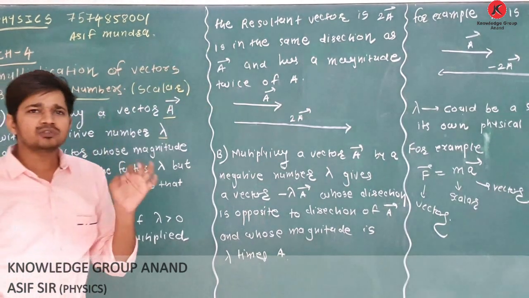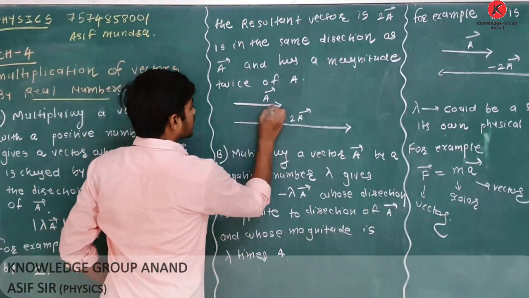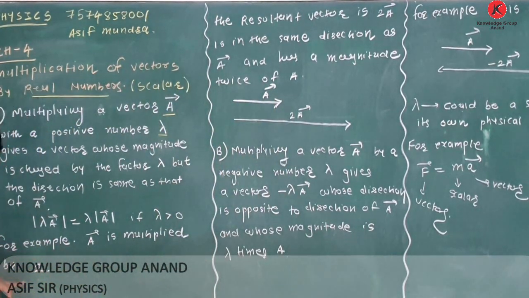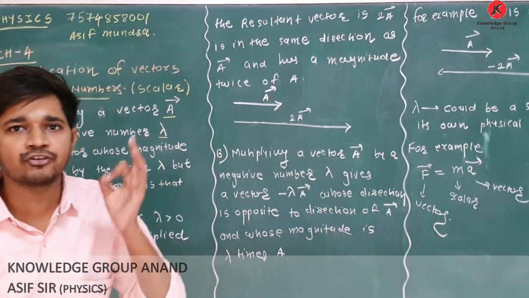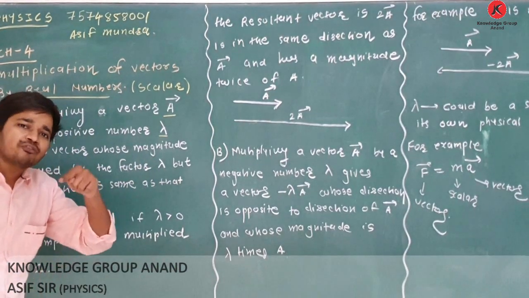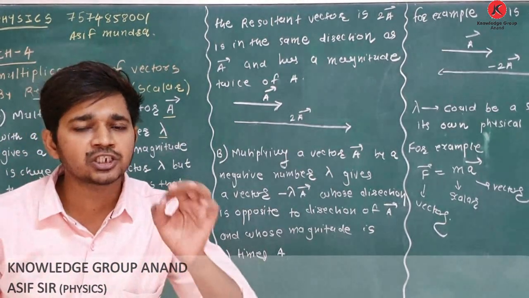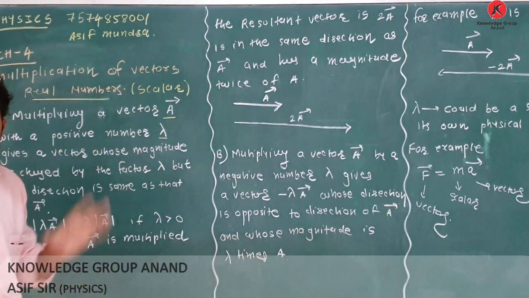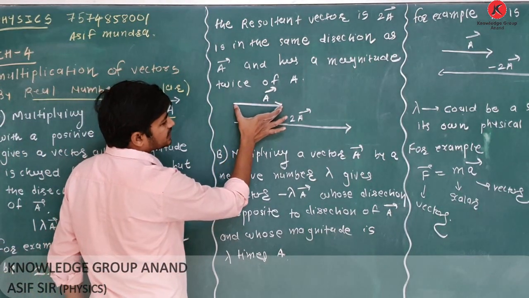When you see its figure, it is easily understood. See, it is one vector A. If this vector A is multiplied by 2, that is positive number, you have to remember, whenever you multiply any vector with positive number, direction of new vector remains same. Just its magnitude is changed. Initially it is vector A, its length, means its magnitude.